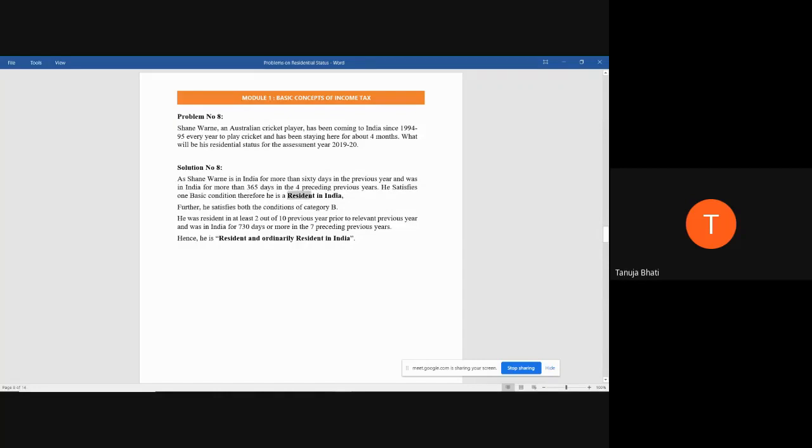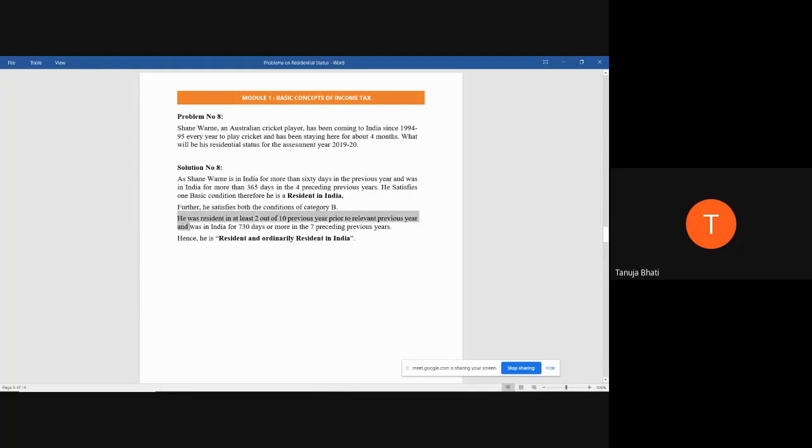Now, once we come to know he is a resident in India, we need to check whether he is a ROR or RNOR. For that, if he satisfies both of the conditions, then only he becomes a resident and ordinarily resident. Now see, if he is a resident in one particular year, he is a resident in all the years from 1994-95. So he was a resident in at least 2 years out of the 10 previous years prior to the relevant previous year.